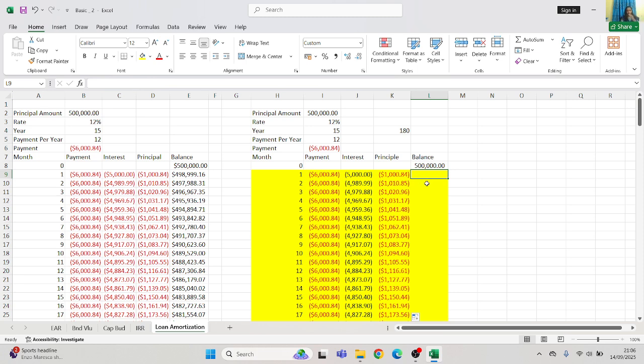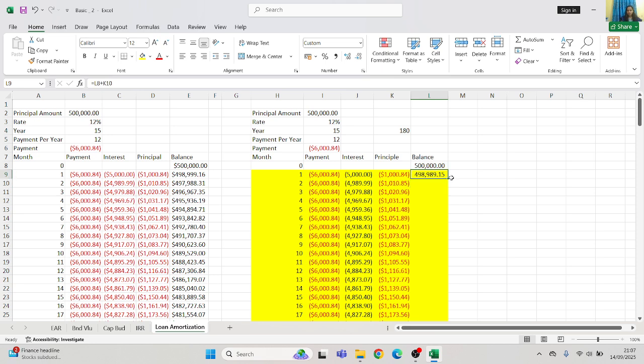Then we have to find the balance. Now we press L9 cell and write equal L8 plus the previous K9 cell, then we press enter.